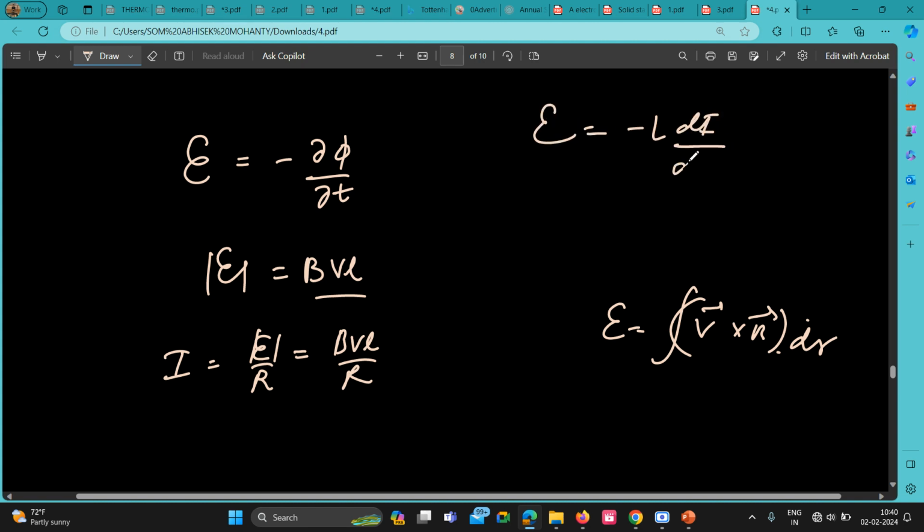This is your self inductance. Energy of an inductor is half L i squared. L can also be written as phi by I.